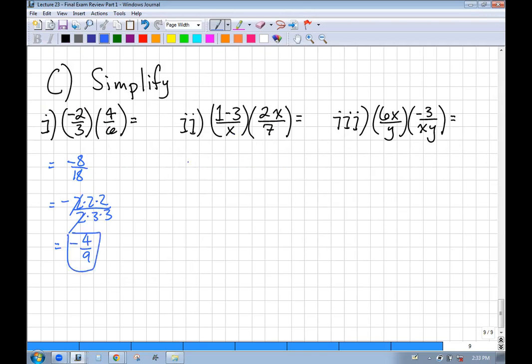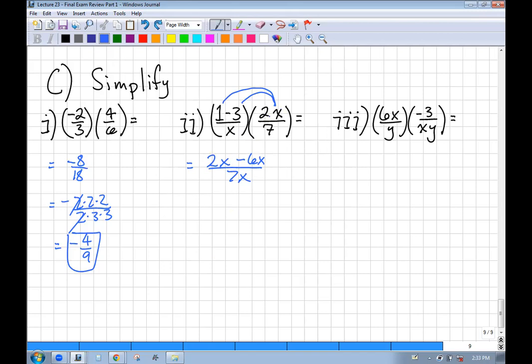This guy up here, we need to multiply this out. So let's see. 2x times 1, 2x. 2x times a negative 3 is negative 6x. And then we have 7x, right? Everything on the top and the bottom has an x in it, right?